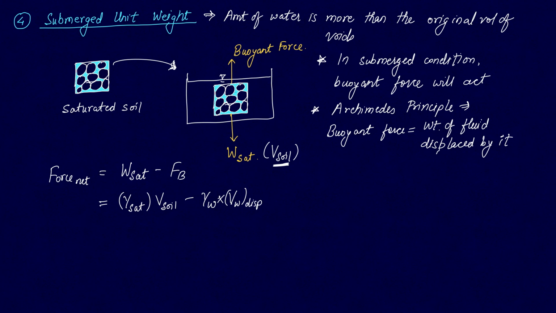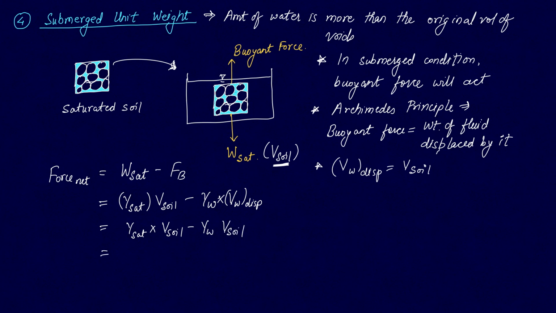But as I just said, the volume of water displaced will be equal to the volume of saturated soil only. So again we can write it as gamma saturated into volume of soil subtracted by gamma W into again volume of soil.